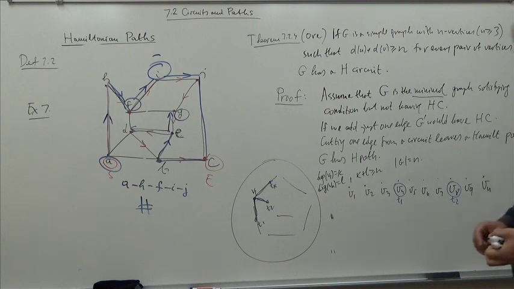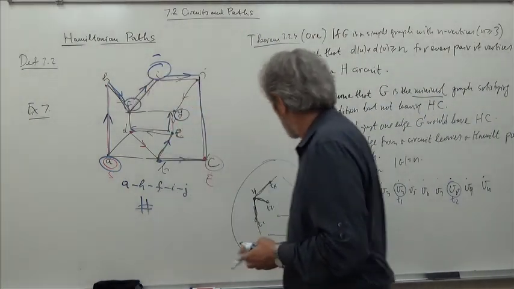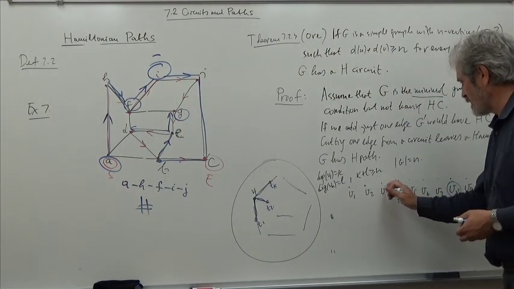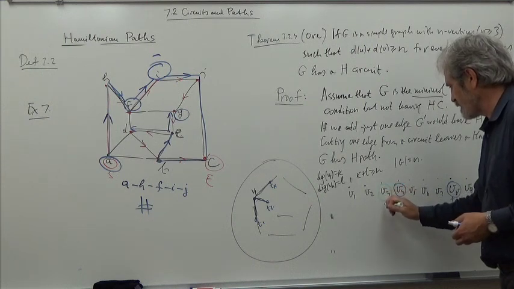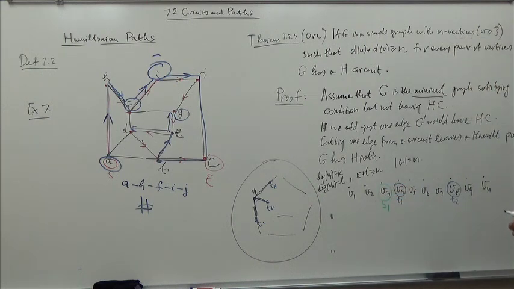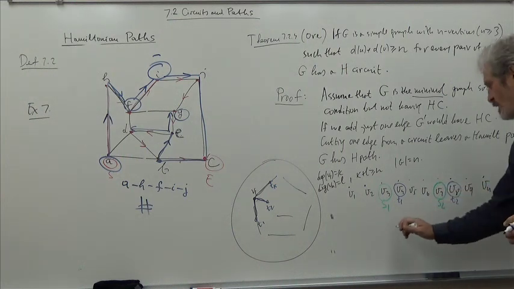Then I look at the members in the path preceding them. So before T1, I'll call this S1. Before this one, I'll call this S2. And so on. I have S1, S2, and Sk.